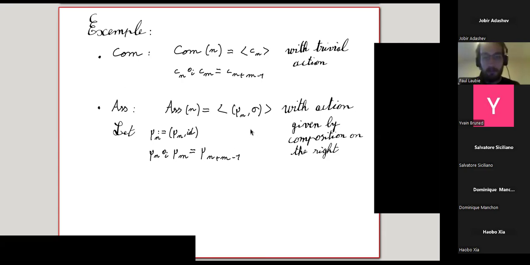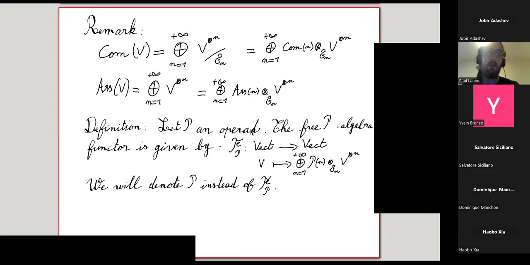Right. So one remark about this is, the free commutative algebra and the free associative algebra are well known. So the free commutative algebra is the direct sum of the nth tensor power of V, quotiented by the action of the symmetry group that permutes the coefficients.